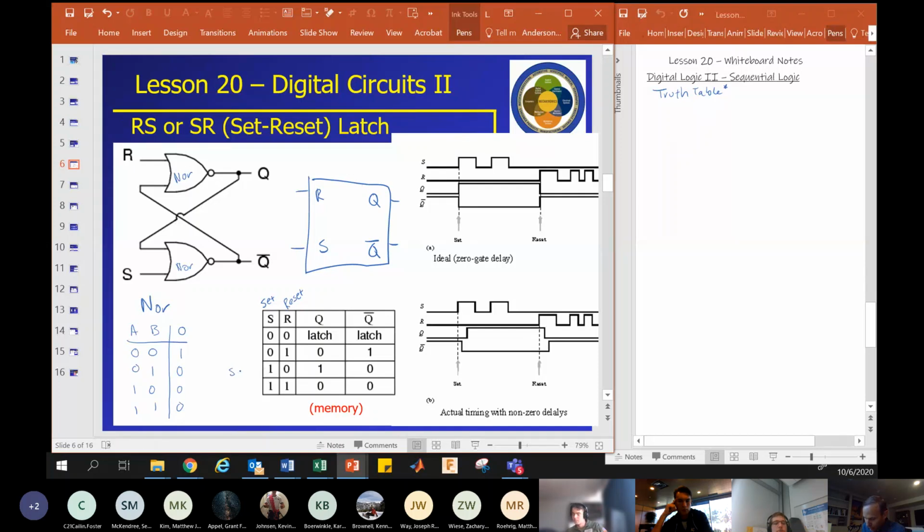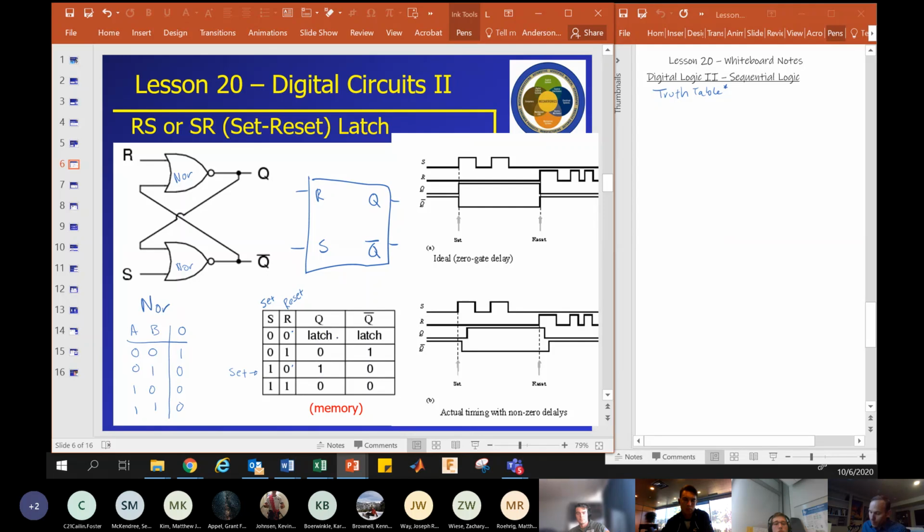So this is set, and that'll make the output 1. And the output will stay whatever it was. If you look at this column, in this scenario, if we don't touch the reset, so if reset stays at 0, so this case and this case, the output will stay 1.